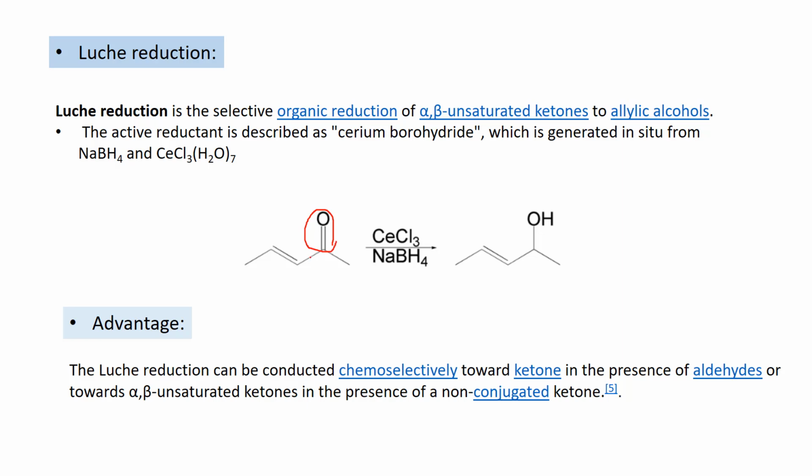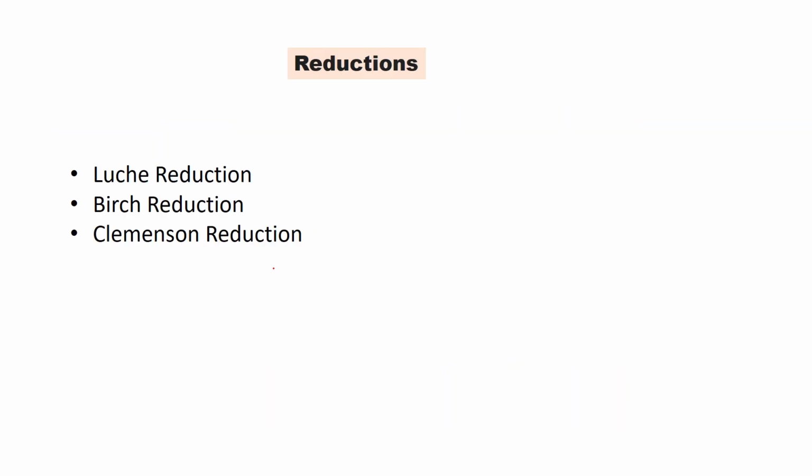There is no reduction of this double bond. Normally, we have read about different types of reactions previously also. Those I am not discussing because we have known those reactions for a very long time, like LiAlH4, NaBH4.